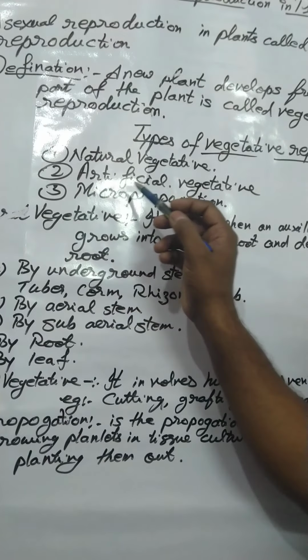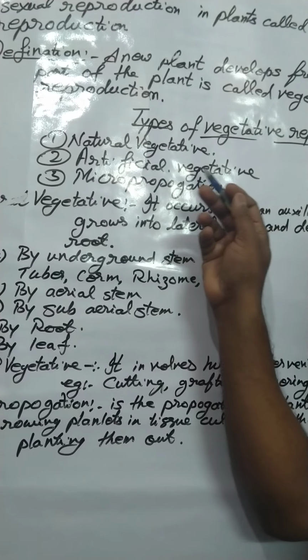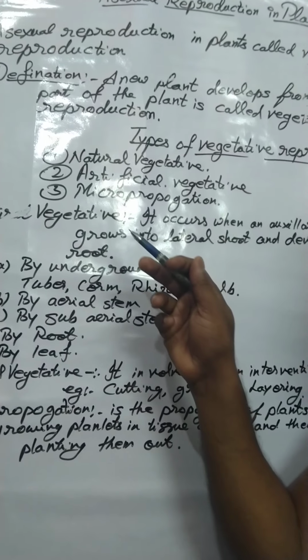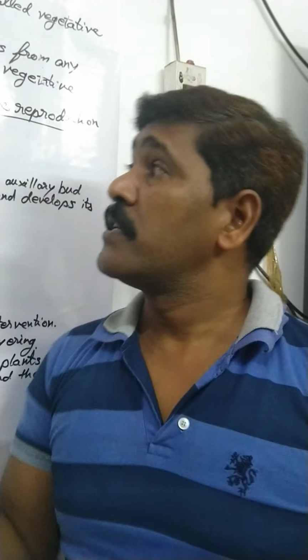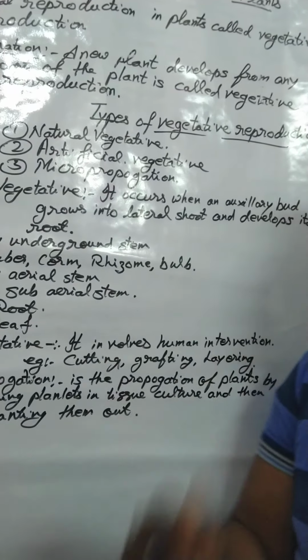And the second one is artificial vegetative reproduction. Artificial vegetative reproduction is opposite to natural vegetative reproduction, because in artificial vegetative reproduction, a human being is involved. Without the involvement of human beings, artificial vegetative reproduction cannot take place.